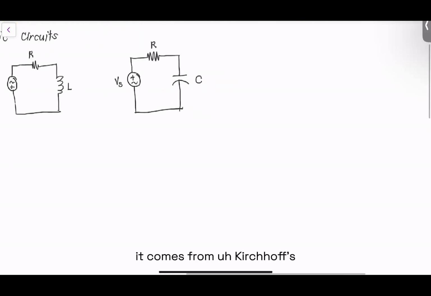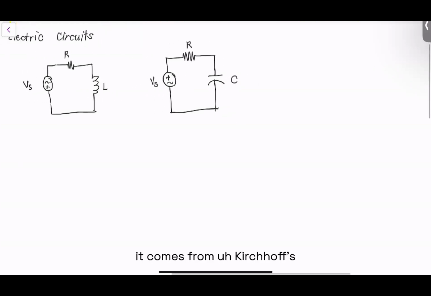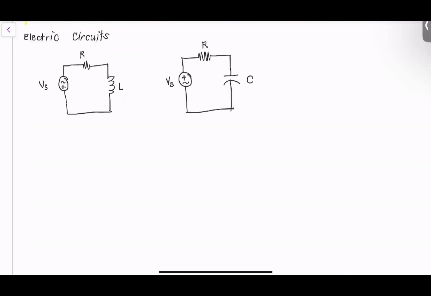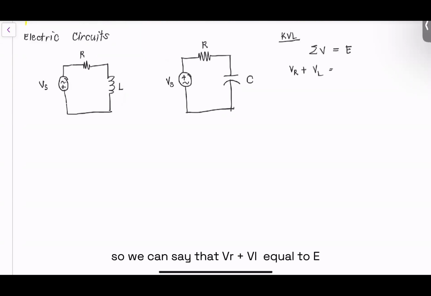It comes from Kirchhoff's voltage law that the summation of voltage drops is equal to the electromotive force. So we can say that VR plus VL is equal to E, or we can also say that VR plus VC is equal to E.